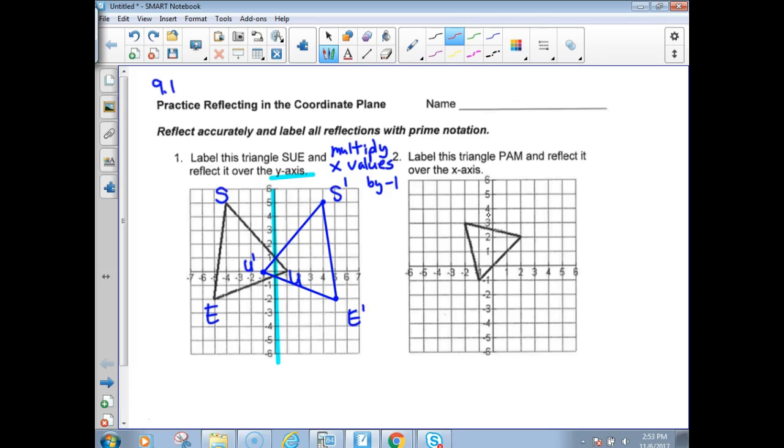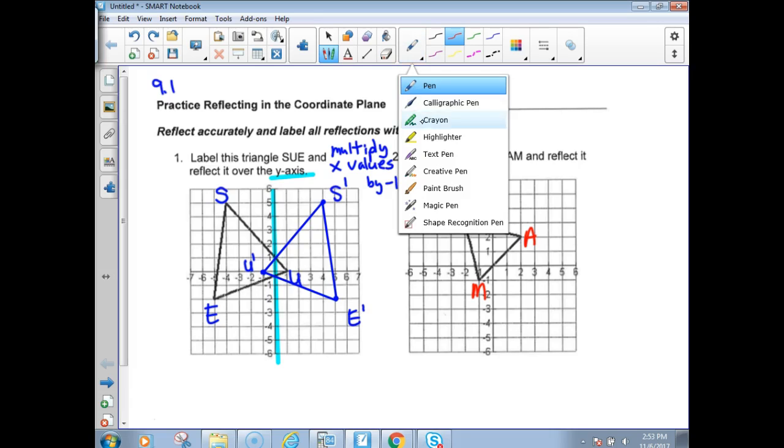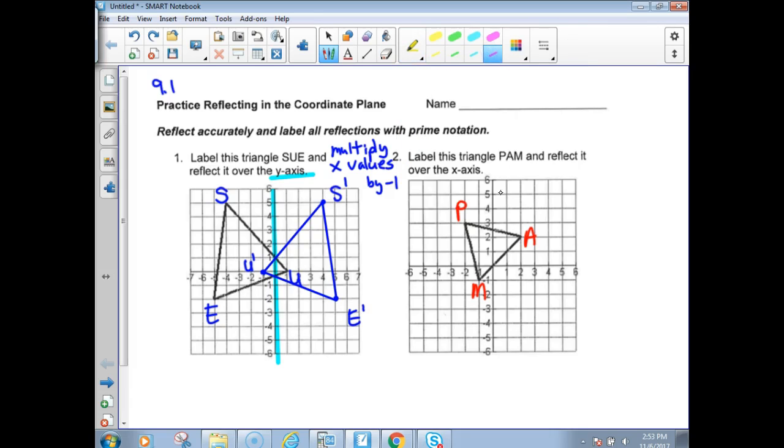Okay, so now I got Pam over here. I'm going to label it. And then we're going to reflect this time in the x-axis. The x-axis is the horizontal axis.